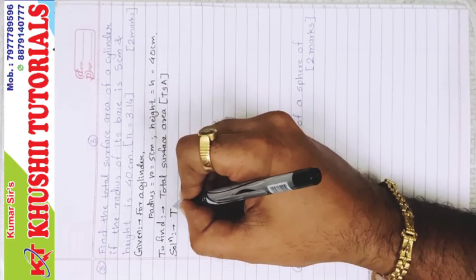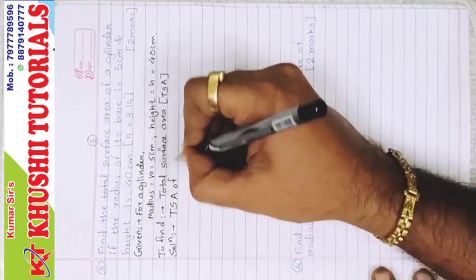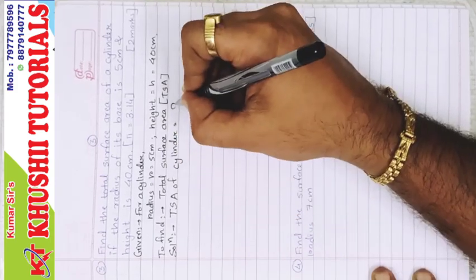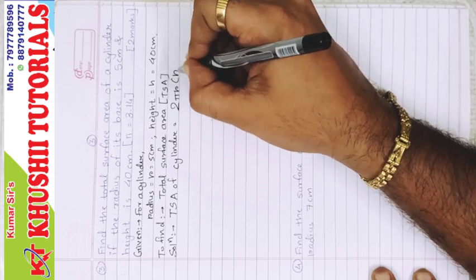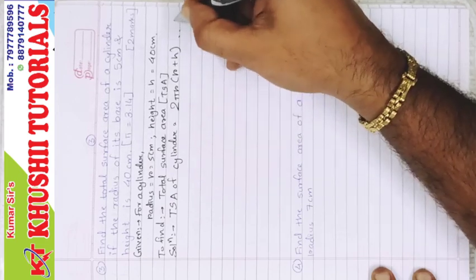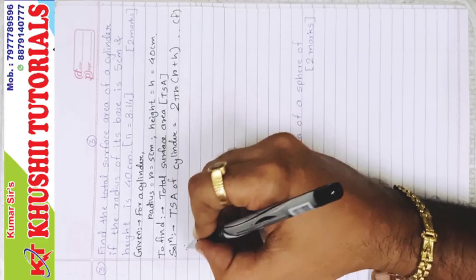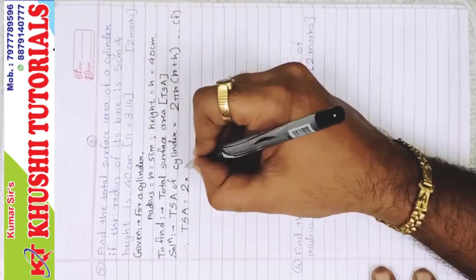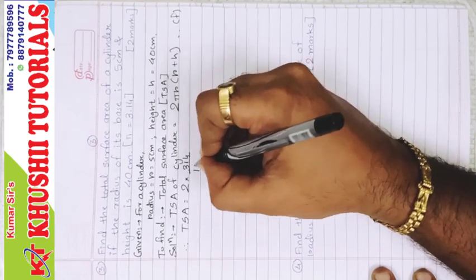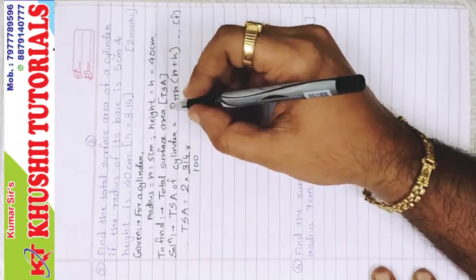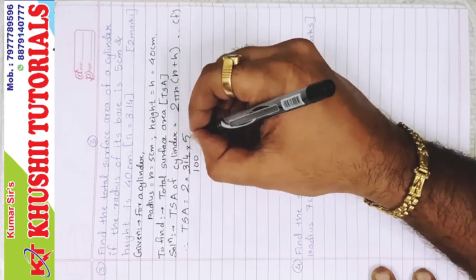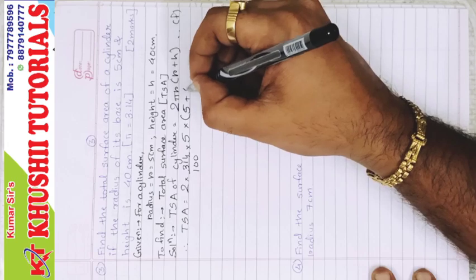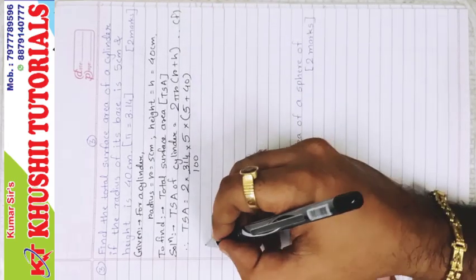TSA of cylinder, the formula is 2 pi r into (r plus h). Therefore TSA: 2 pi, given as 314 upon 100, r is 5 into (5 plus height 40), so 45.